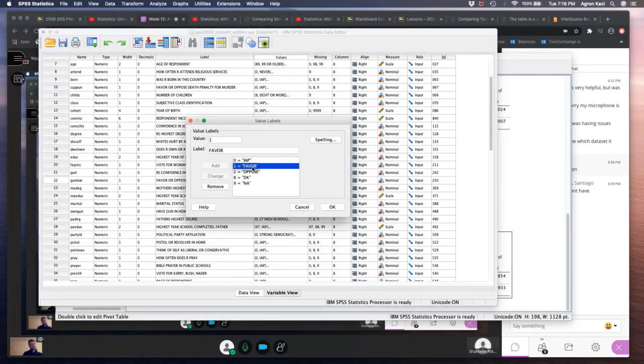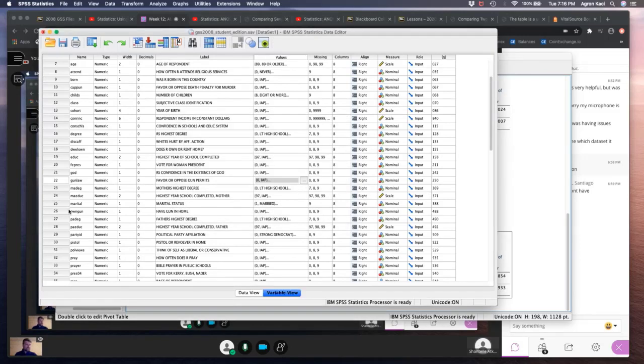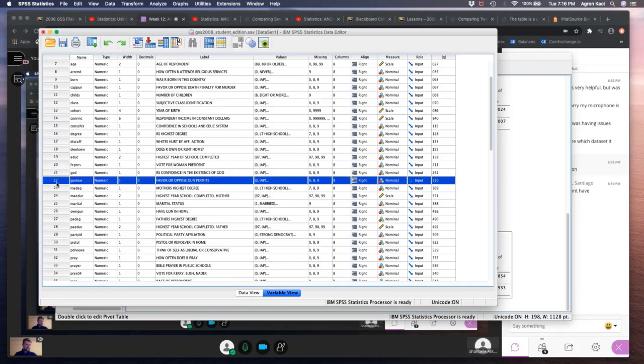Now, favor gun permit is less favor or the opposing gun ownership outright. So you want more permits. So let's do this. Gun law. I want to figure out in the gun law who opposes or favors gun permits in terms of age. So let's look at that.